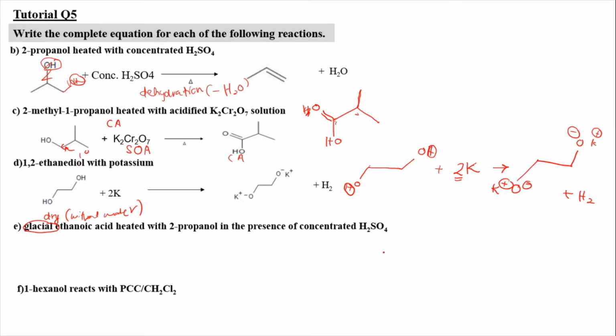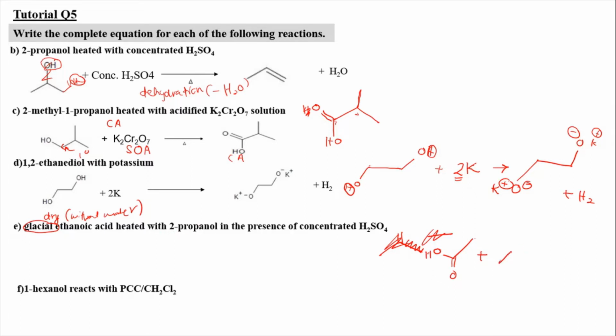So ethanoic acid will have 1 and 2 carbons, and then one of the carbons is going to be attached with a carboxyl group, and then this is going to be reacted with the 2-propanol.